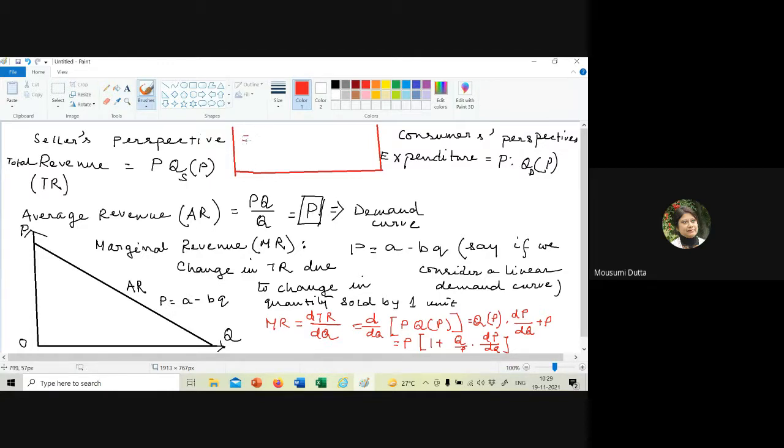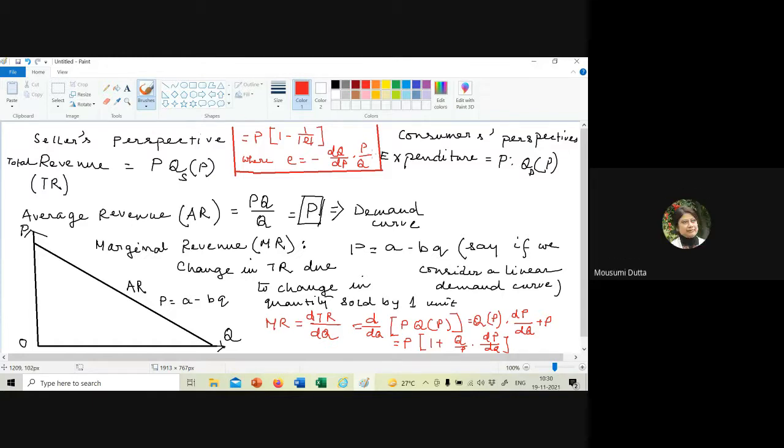Look at what I am writing. So are you getting the minus sign? Yes, ma'am.